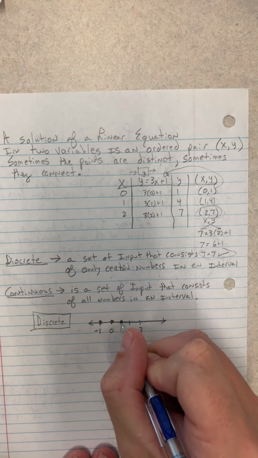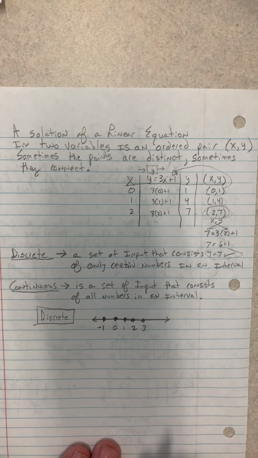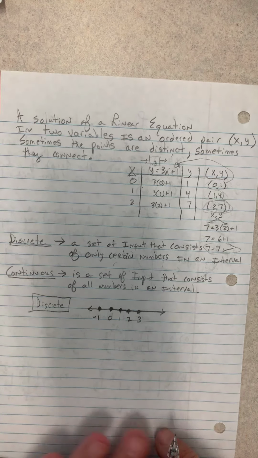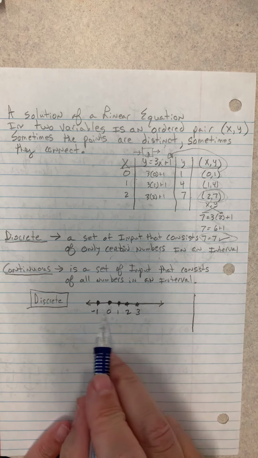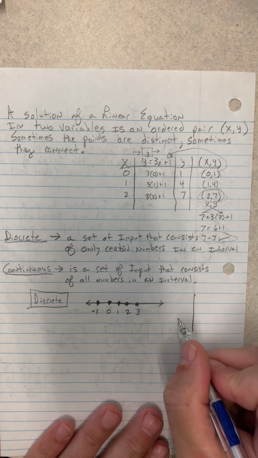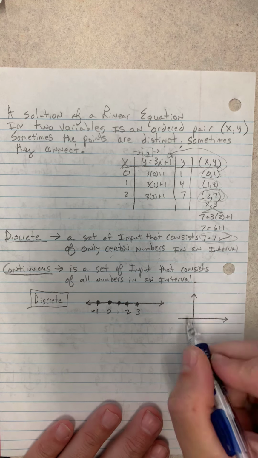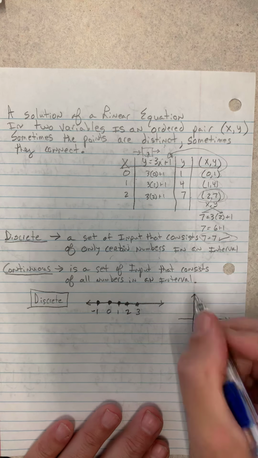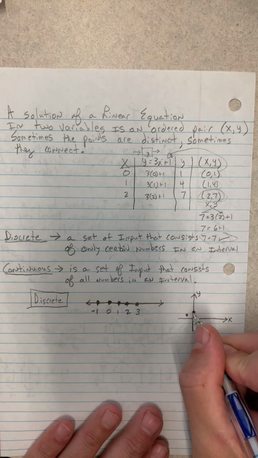They are not connected. They are individual points on that number line. If you were to look at these in your graph, these are your inputs, your domain, your graph would look something like this. I don't even care what my y's are, I'm going to be looking at my x's.